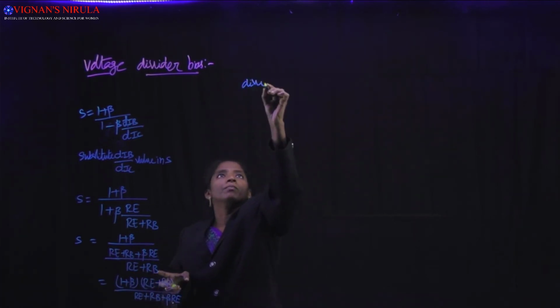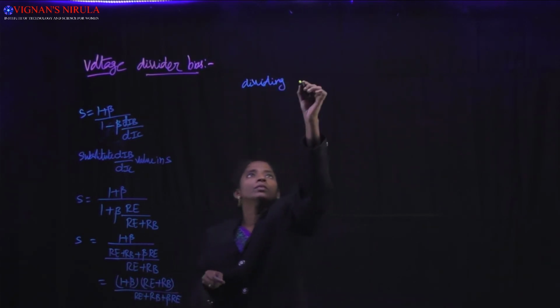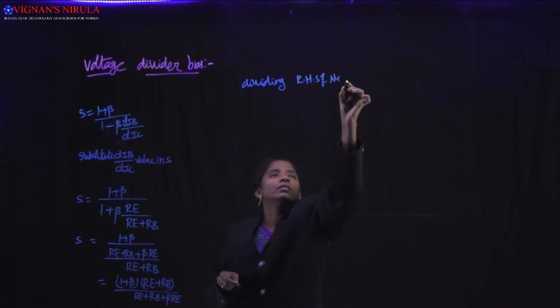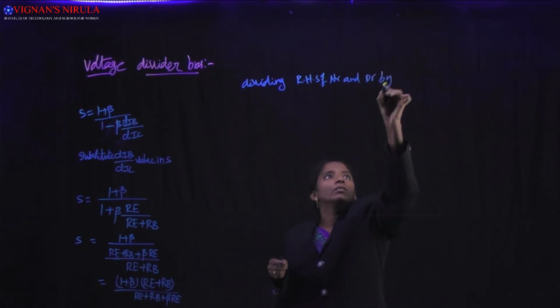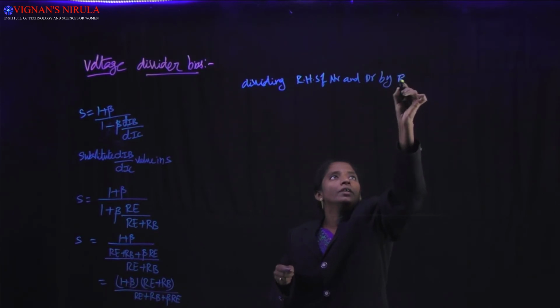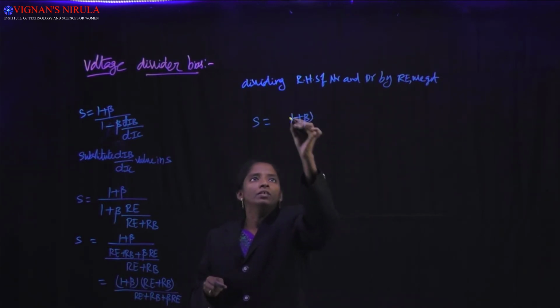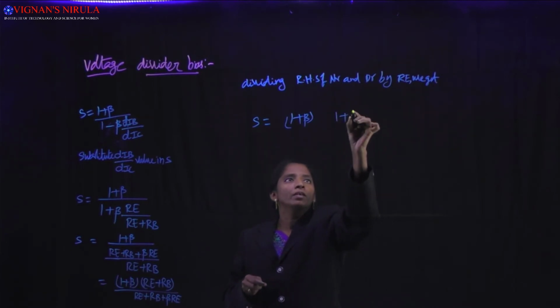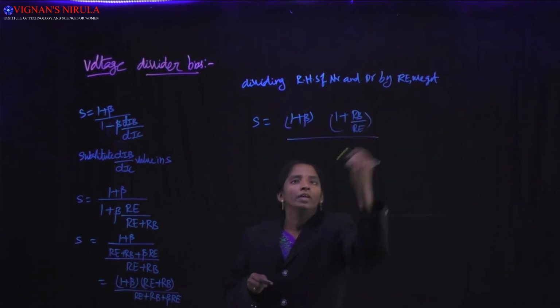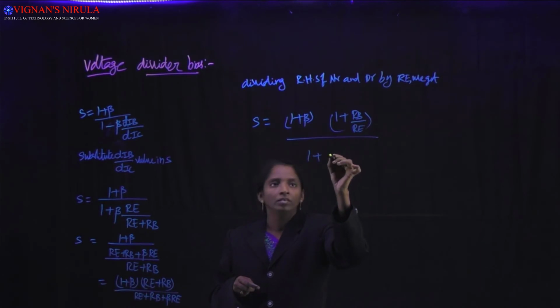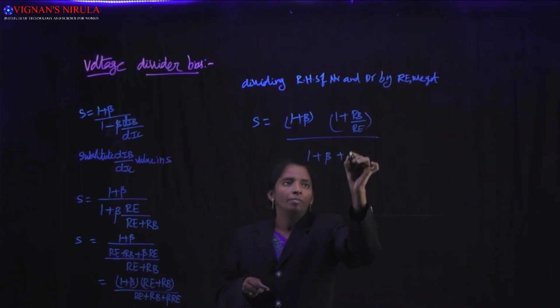Dividing numerator and denominator by RE, we get S equal to 1 plus beta into 1 plus RB by RE divided by 1 plus beta plus RB divided by RE.